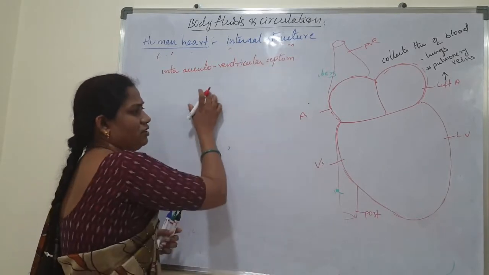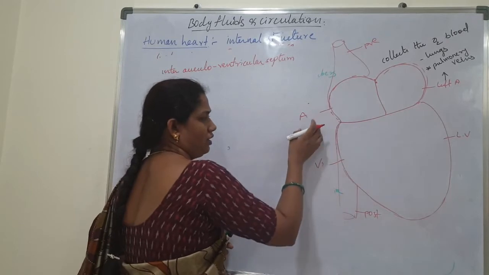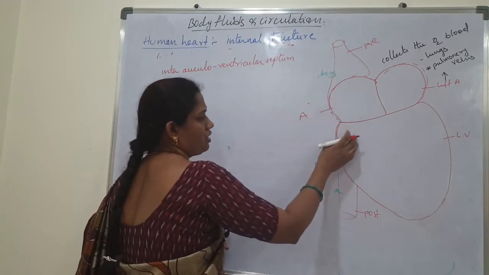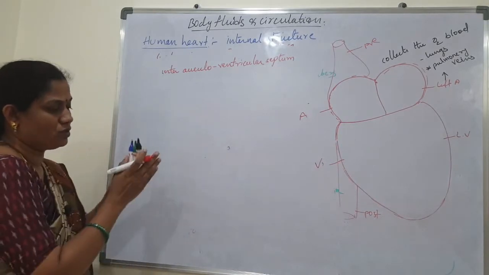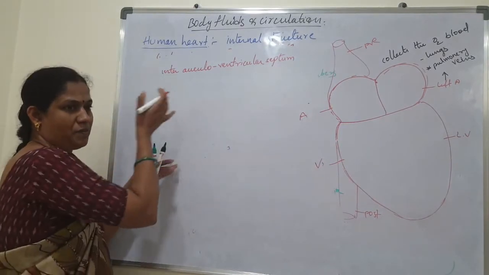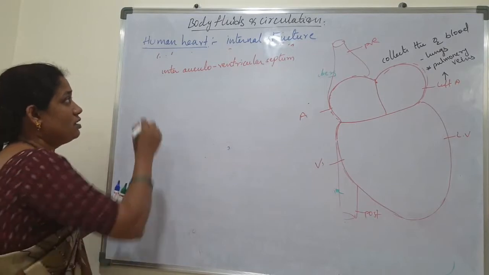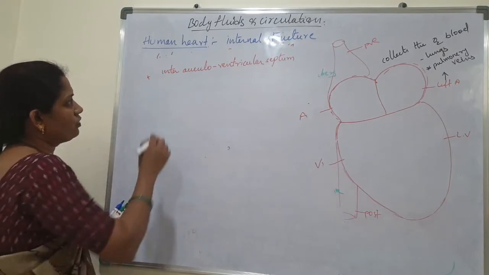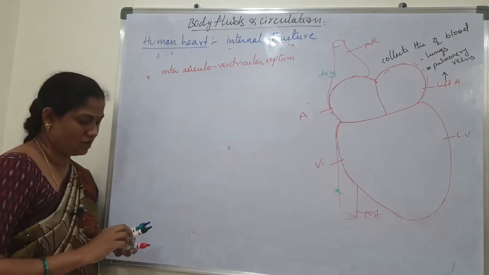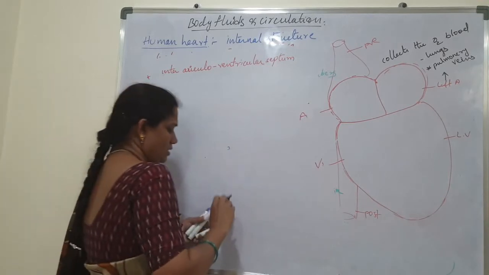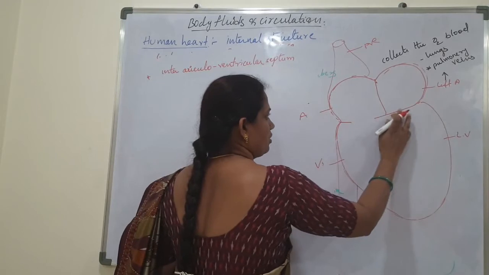Okay, so we can write right auriculoventricular septum, left auriculoventricular septum. This septum separates the upper chambers and lower chambers.